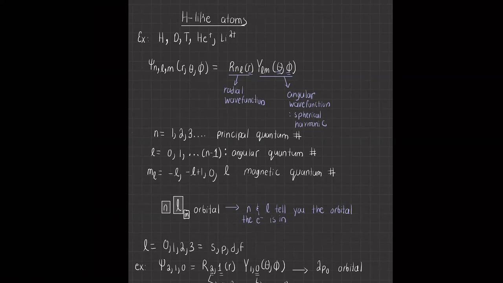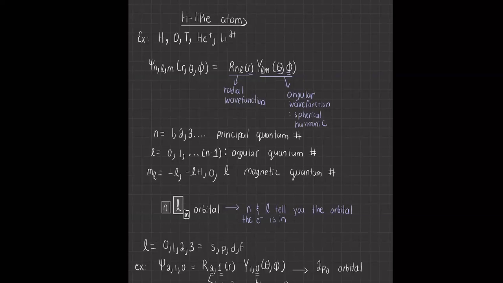So n can be 1, 2, 3, which are just integers, basically just like particle in a box. l cannot exceed n, and ml can exist in any integer values depending on l. So let's say if l was equal to 1, then ml can be -1, 0, and then 1.